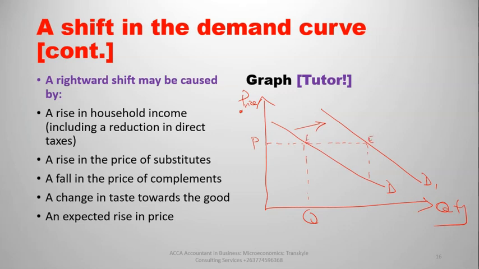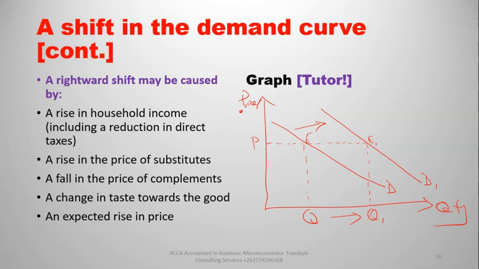This was the original equilibrium, but it becomes E1. Okay, and you can see that the quantities have gotten to Q1. So you can see that there has been an increase in the quantities demanded.